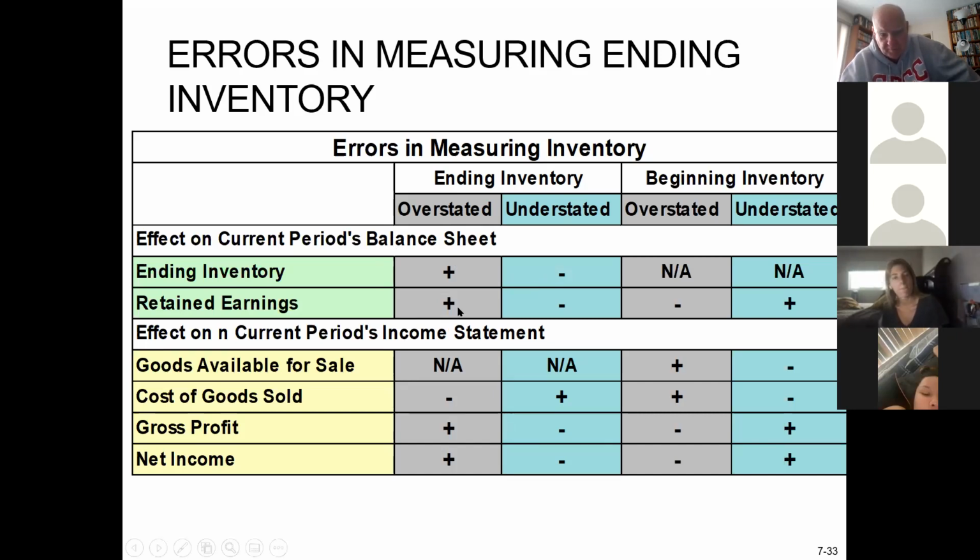Retained earnings is going to be overstated because you put too much of an asset out there. Next period, it's going to be understated, etc., etc. So an inventory mistake in counting affects the current month and the following month. And it doesn't straighten it out until you take a good physical inventory at the end of the second month. And now you're back in gear.